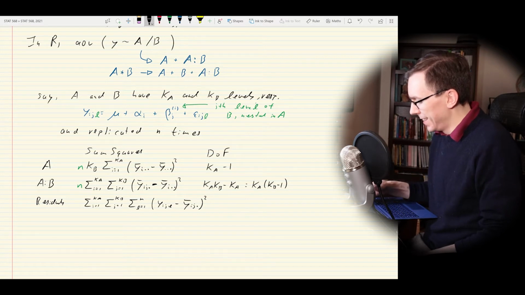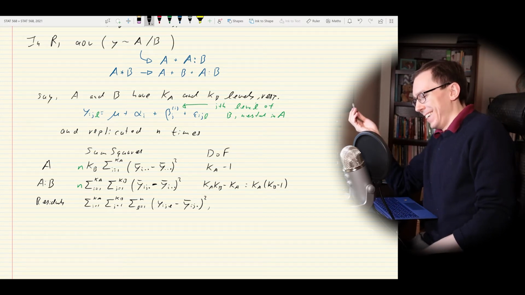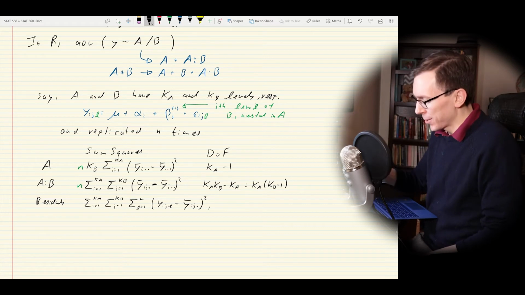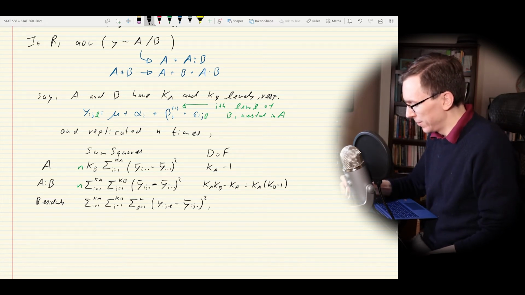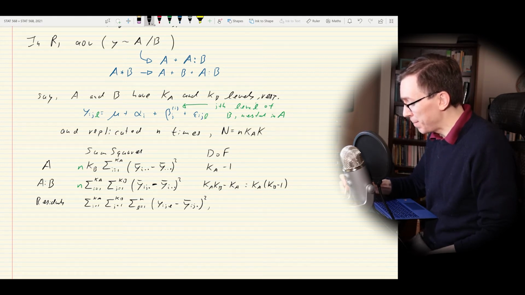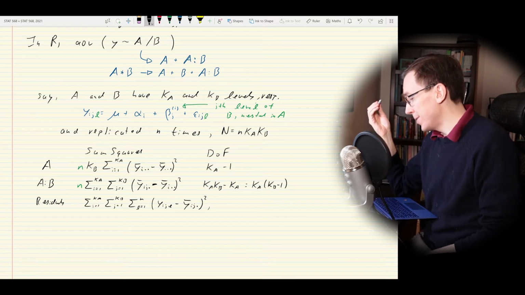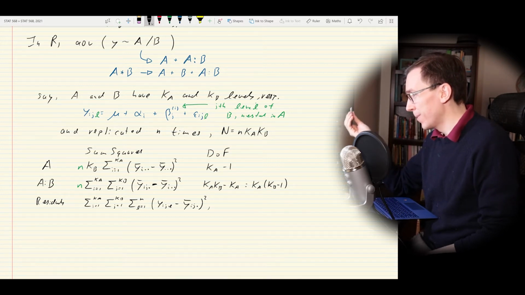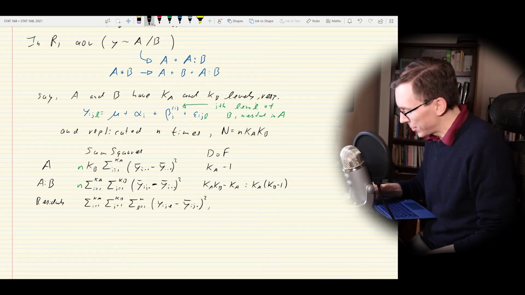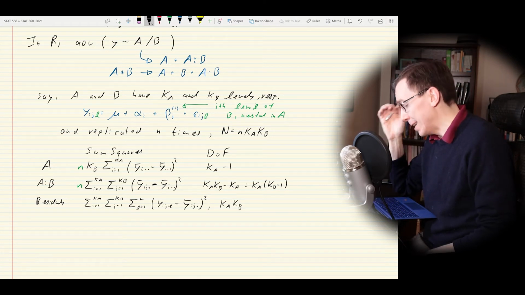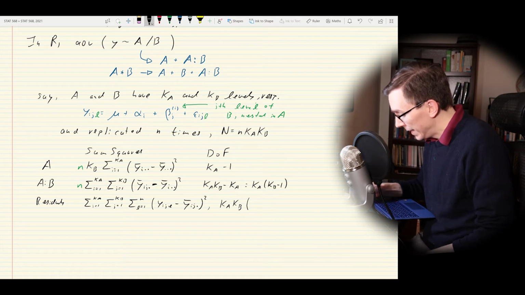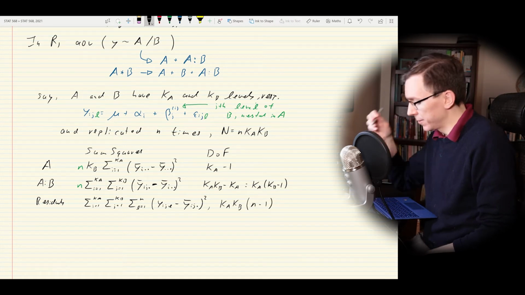And in this case, the degrees of freedom will be, well, I guess what's left over, right? If our total sample size, we'll say up here, the total sample size N is going to be little n times Ka times Kb. So if I do the subtraction, what do we get out? Well, we get something that should look, if I do this right, like Ka Kb times n minus 1.